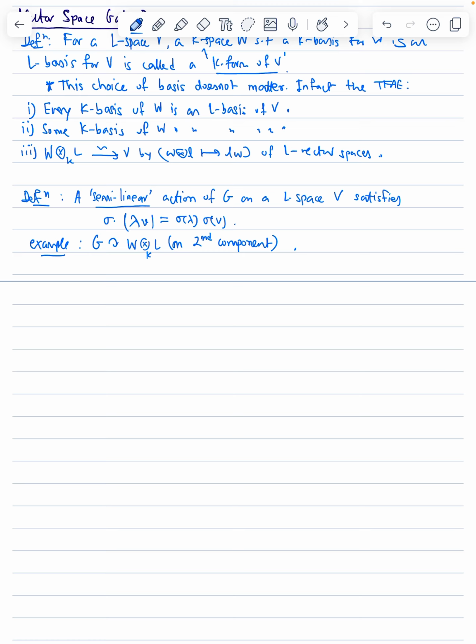And the main theorem. Let me state the main theorem.